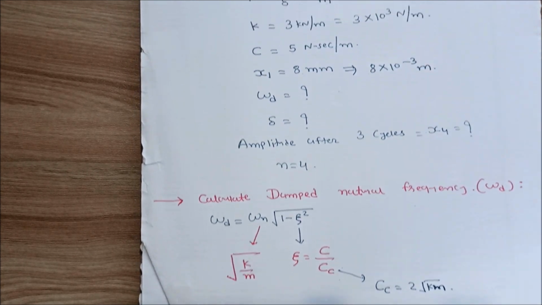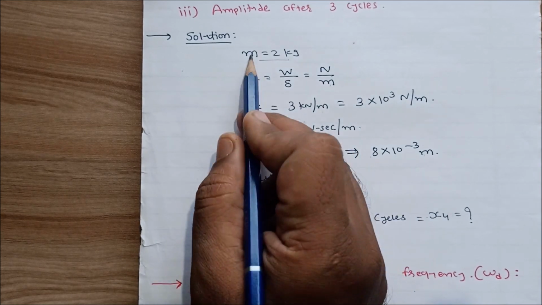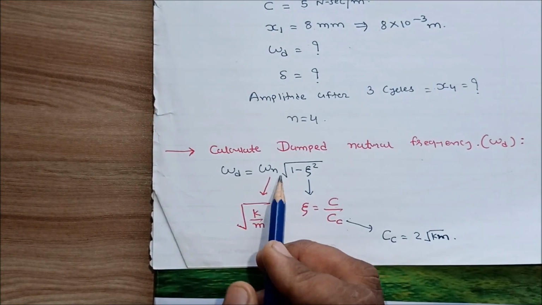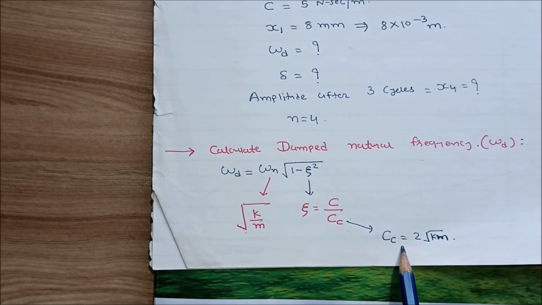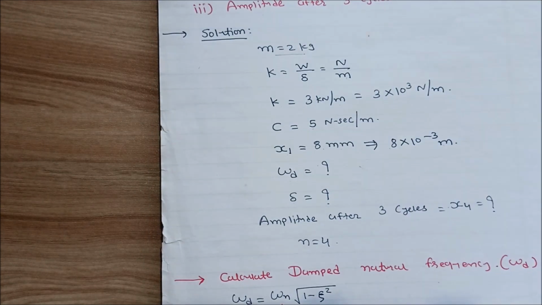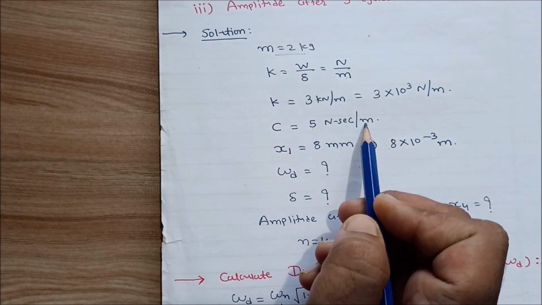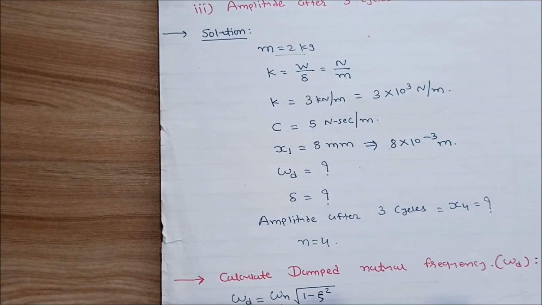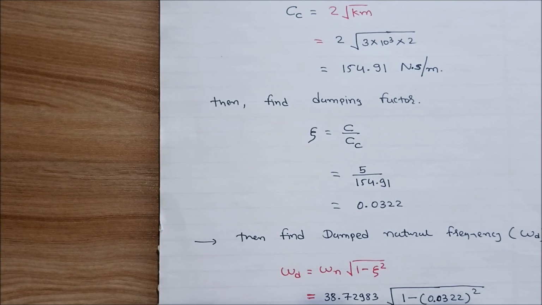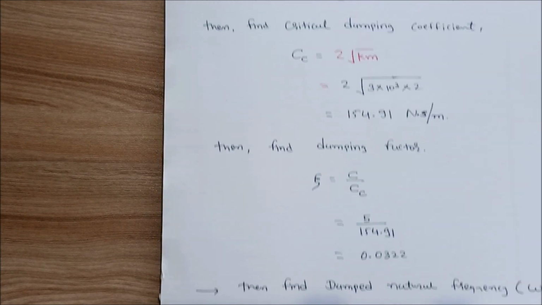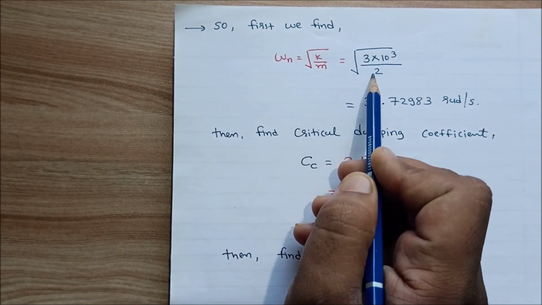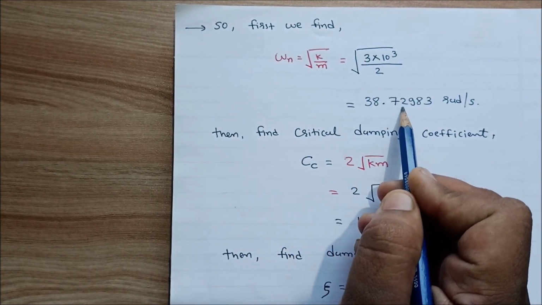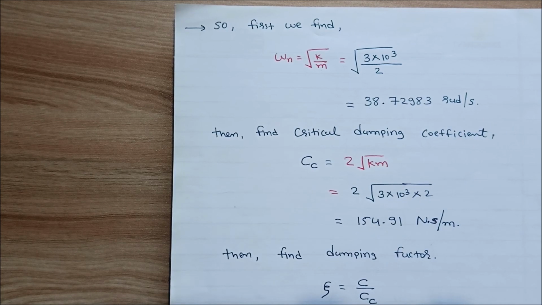Here the value of k is given, the value of m is given, so we can easily find omega n. Then we find Cc. The value of C is given, 5 newton into second per meter. So first we find omega n and damping factor. Omega n is equal to under root k by m. Put the values of k and m, we get 38.72983 radian per second.